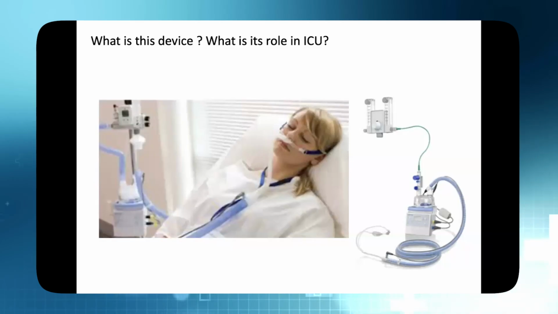SpO2 divided by FiO2, divided by respiratory rate, that is called the ROX index. We measure it at 2, 6 and 12 hours after applying HFNC. If it is less than 3.8, then it is bad. I mean, if it is more than 4.88, then it is success of the HFNC. Okay.